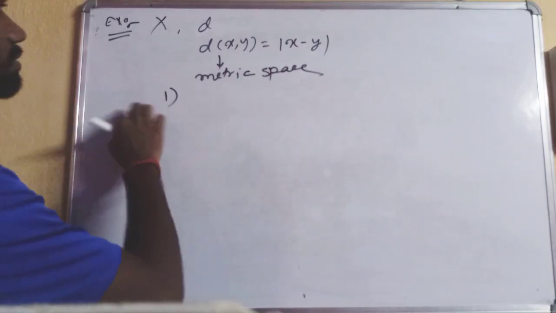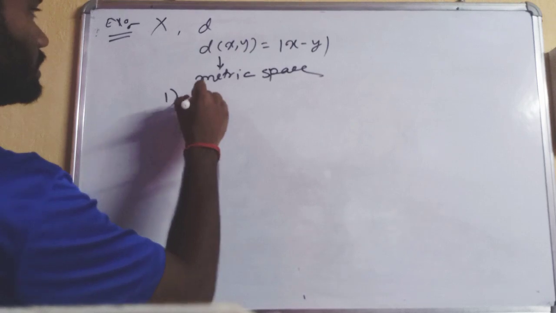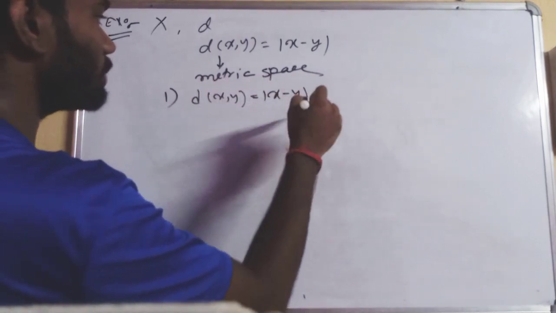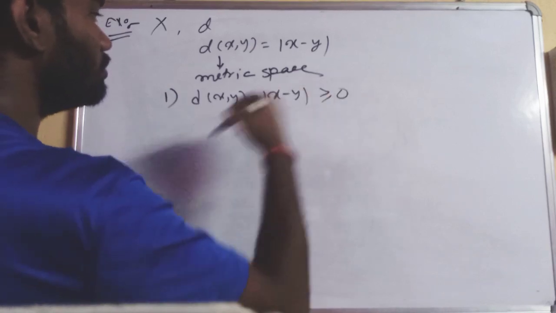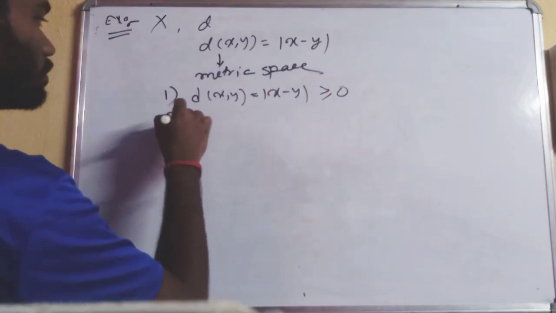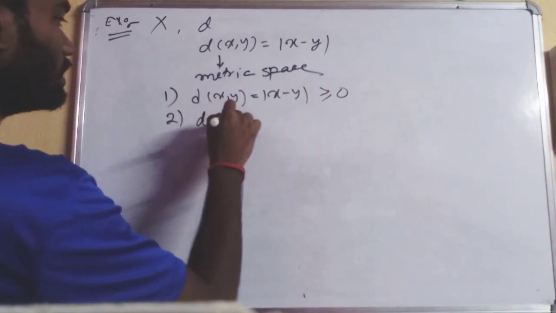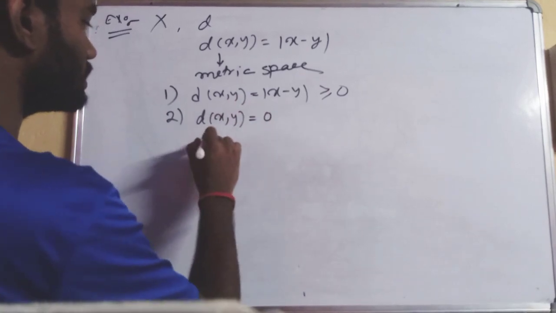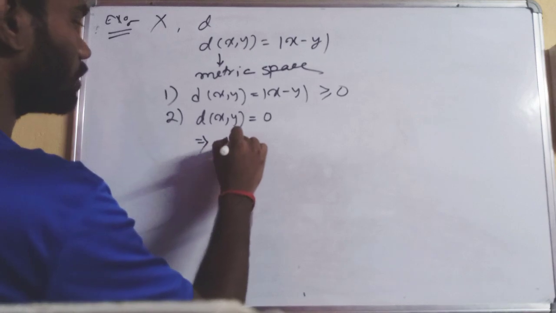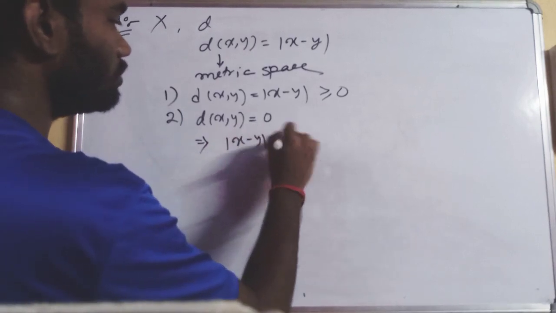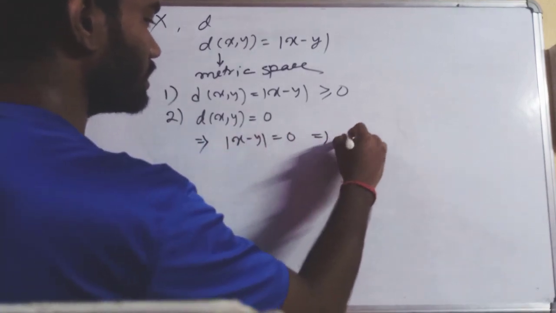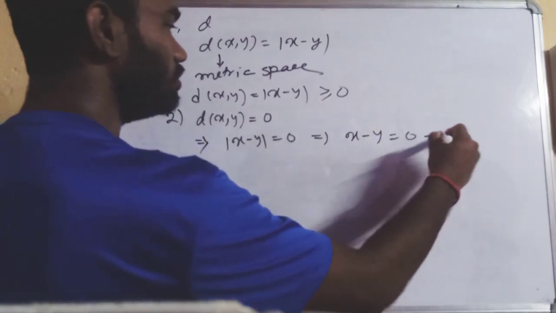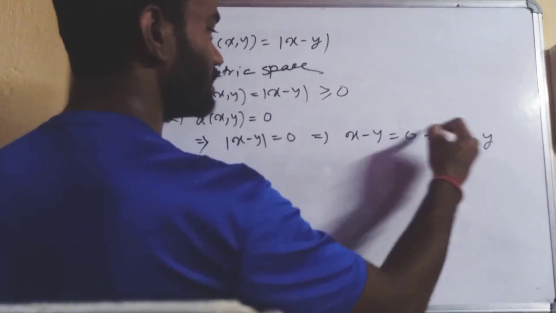I will show you. d(x,y), that is modulus of x minus y, is always greater than or equal to 0, right? Number 2, d(x,y) equal to 0 means modulus of x minus y equals 0, that is x minus y equals 0, right? So x equals y and vice versa.